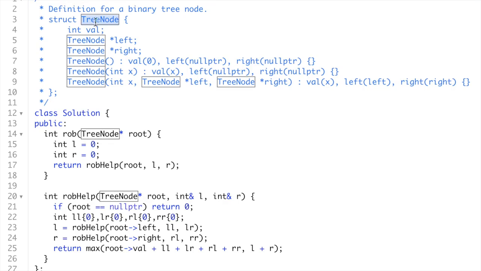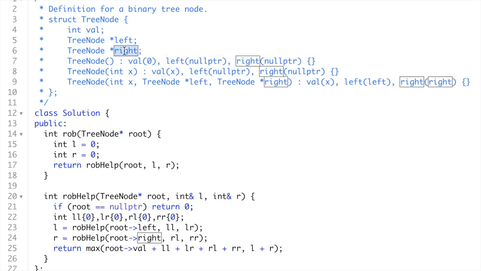Here we have the tree node definition, where each node contains a value which represents the money in each house essentially, and each node points to a left and right tree node. So here we have our main rob function, which takes in a root node.